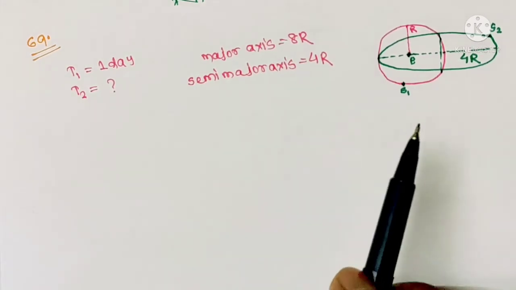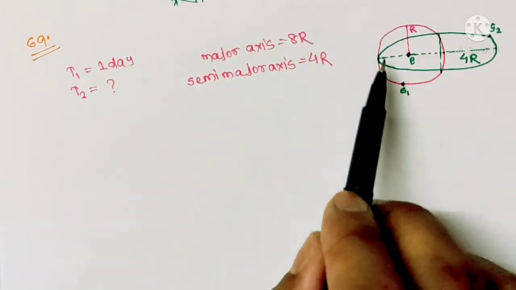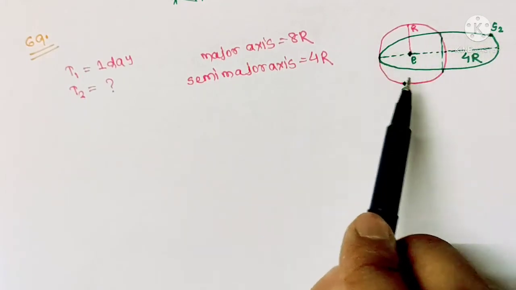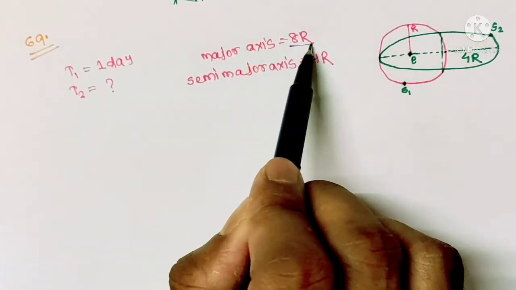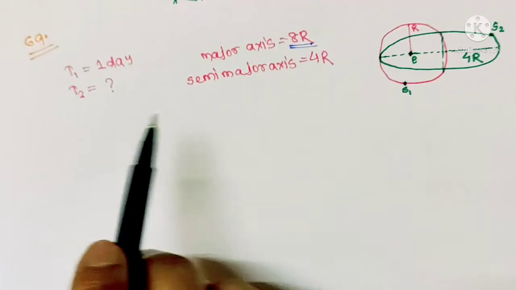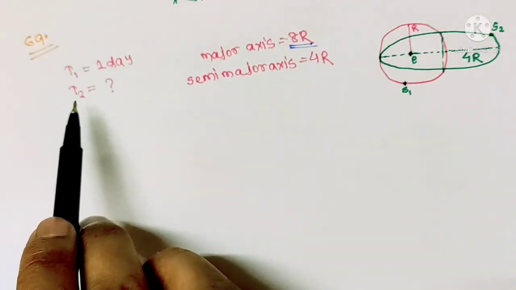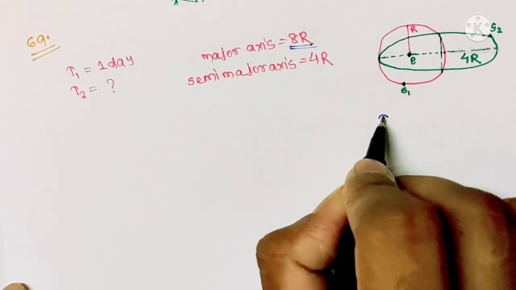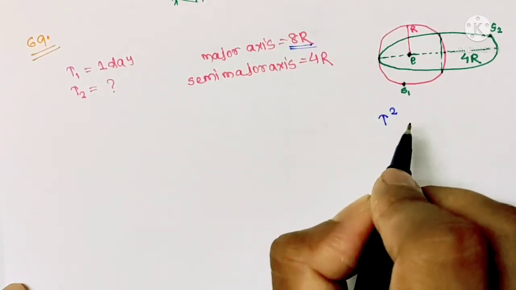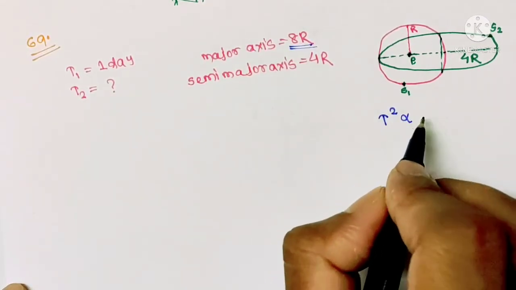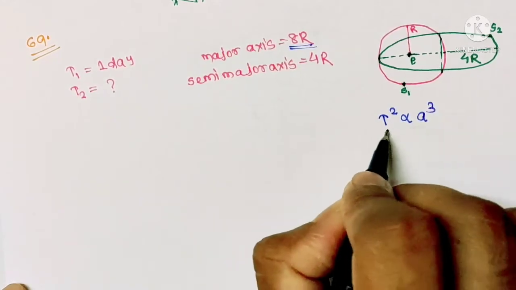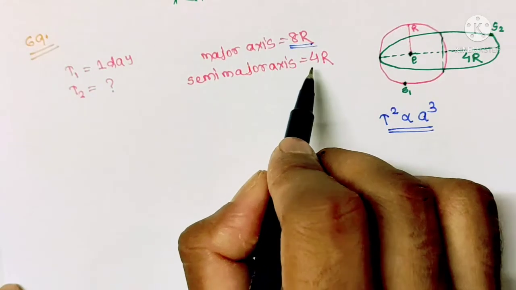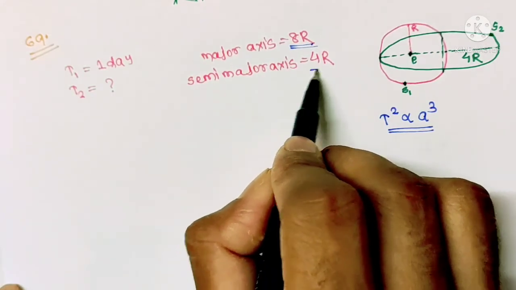First satellite is moving in a circular orbit with radius r, and the second satellite is moving in an elliptical orbit with major axis 8r. So here we have to find the time period for the second satellite. From Kepler's third law, we know the square of the time period is directly proportional to the cube of the semi-major axis. So we have to use the semi-major axis, that is 4r, not 8r.